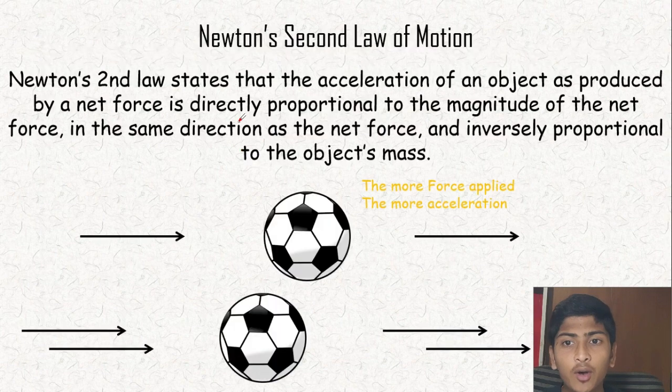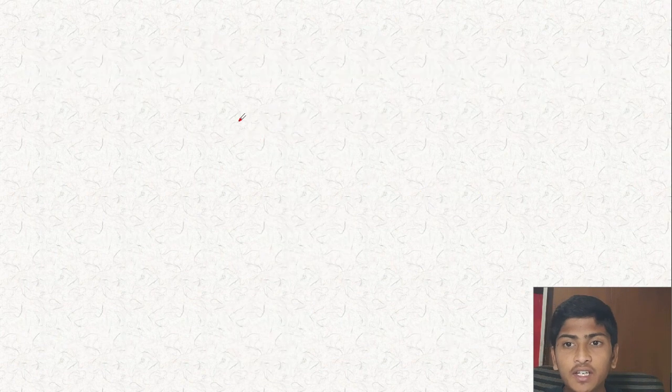Now according to this definition, let's frame the formula. Let's derive the force formula according to the definition. Here F is directly proportional to the change in linear momentum by time.